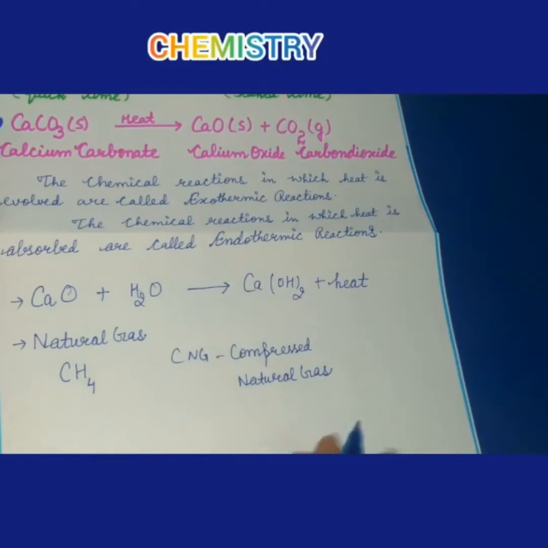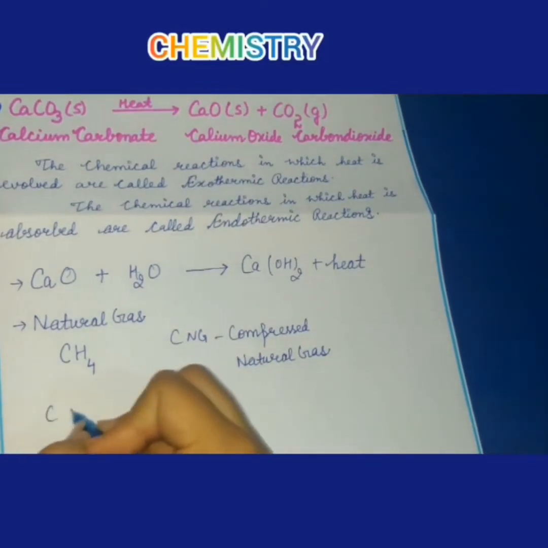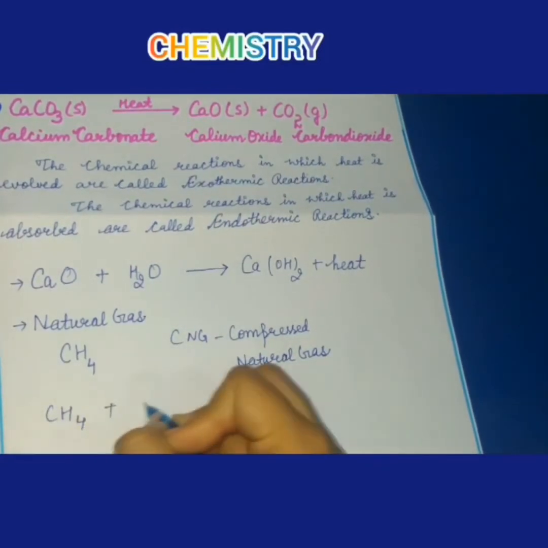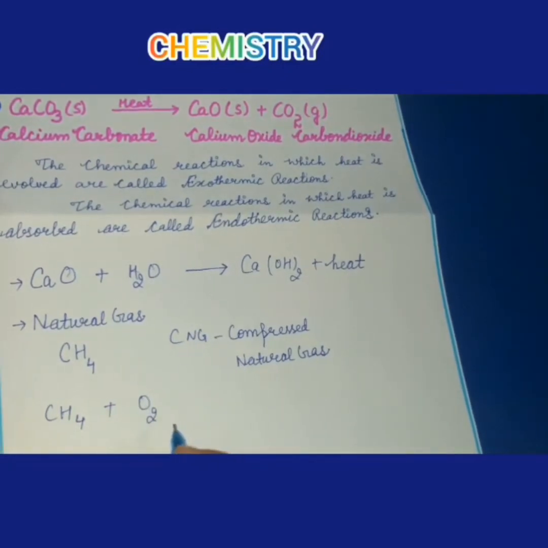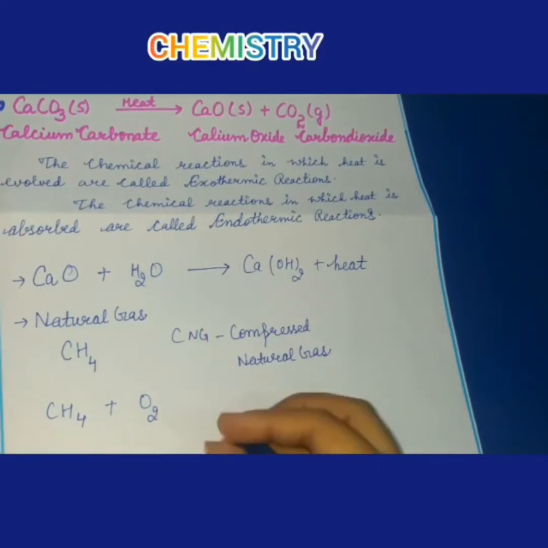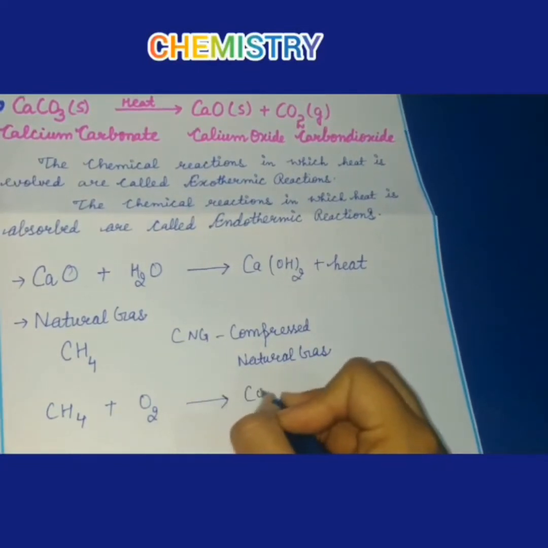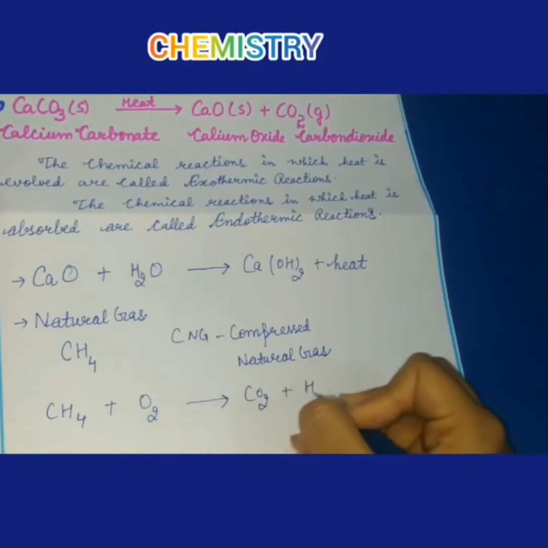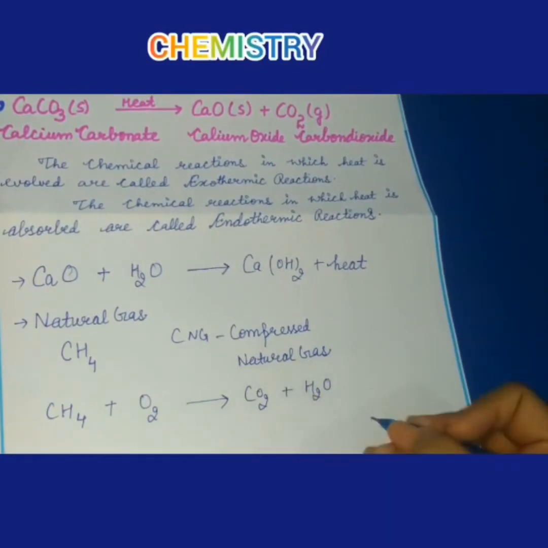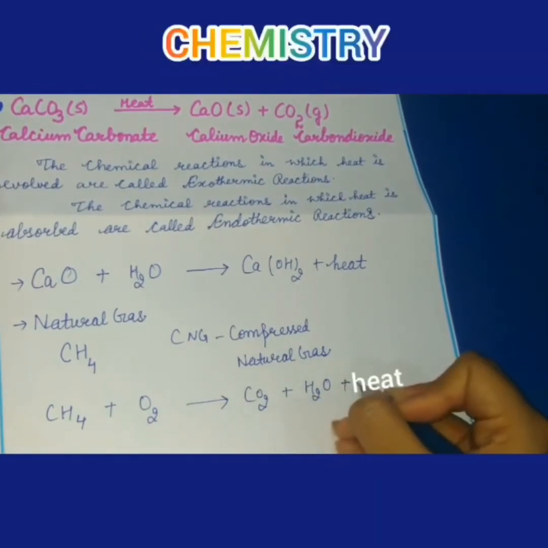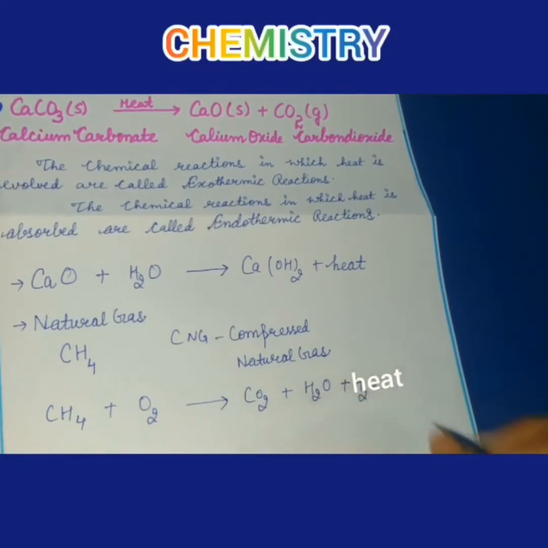We write down this reaction as CH4 plus oxygen. Oxygen why? Because it burns in presence of oxygen. Okay, and it gives carbon dioxide and water and a lot of heat. So we write plus heat after the product. Because of this heat, our cars work.